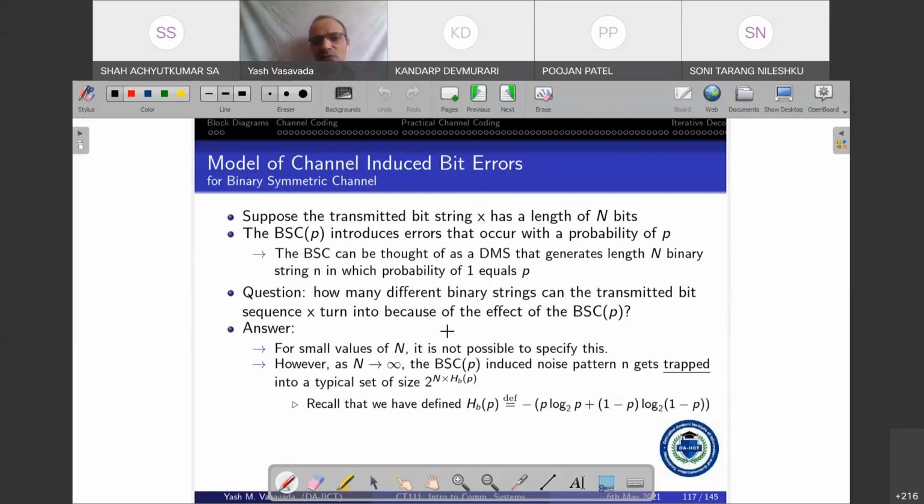Actually, for small values of n, all of the 2 to the power n sequences are possible. But as n becomes infinity, the noise pattern introduced by the BSC gets trapped into a typical set whose size is 2 to the power n times the entropy. Therefore, instead of n bits, we need n times HB of P bits. This is what we had studied in the data compression topic.